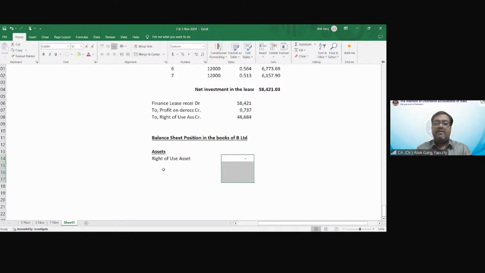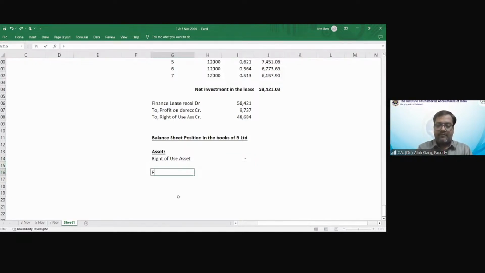So B will show financial asset under finance lease receivable. What is the value? 58,421. What is on the liability side?